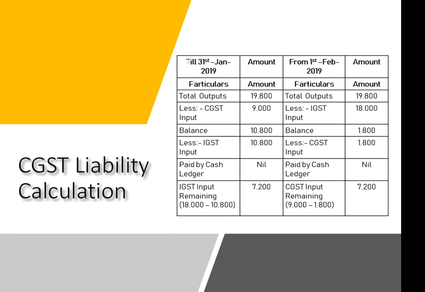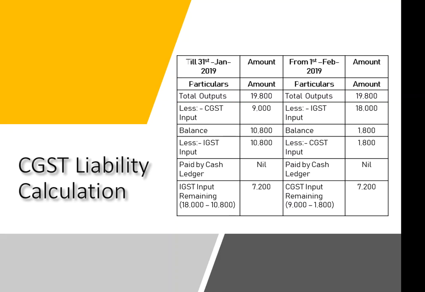Again, if you go to the changes which Section 49A brings from 1st February 2019, our total output will be 19,800. We'll reduce GST. First, we'll reduce IGST input, as was there in the provision.